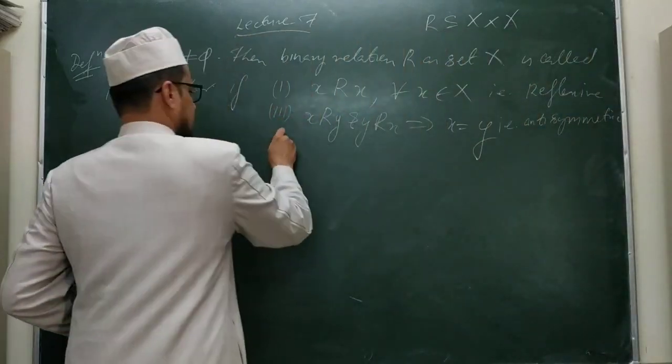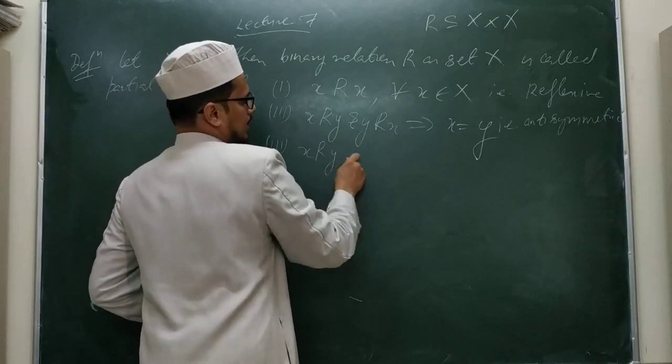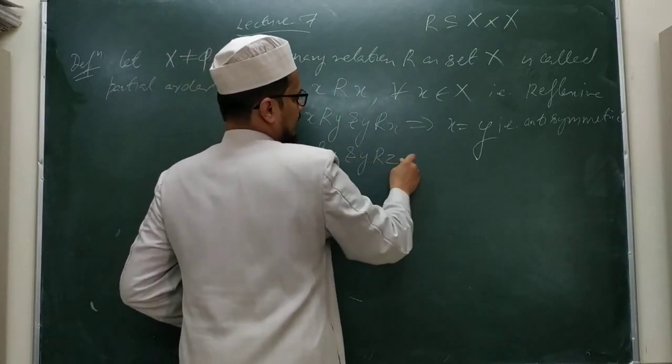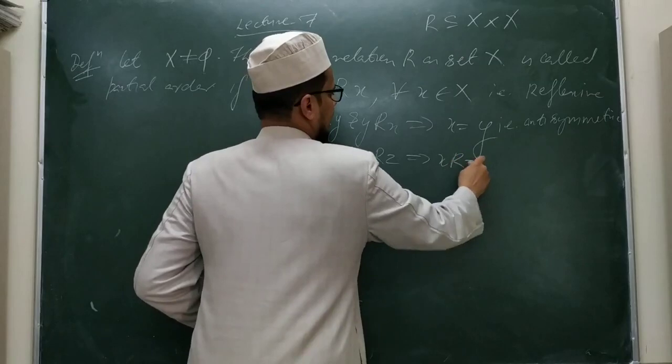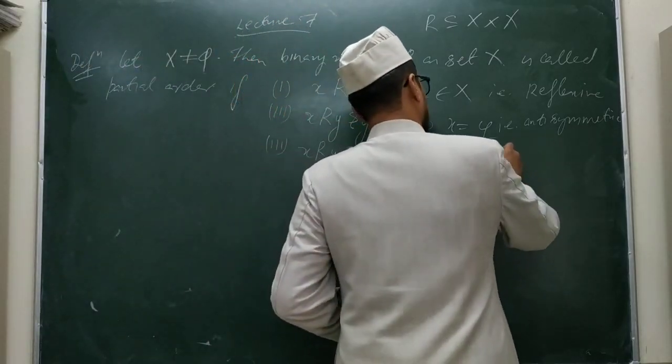And the third one is transitive, that is x R y and y R z implies x R z. That property is called transitive. So R should be transitive.